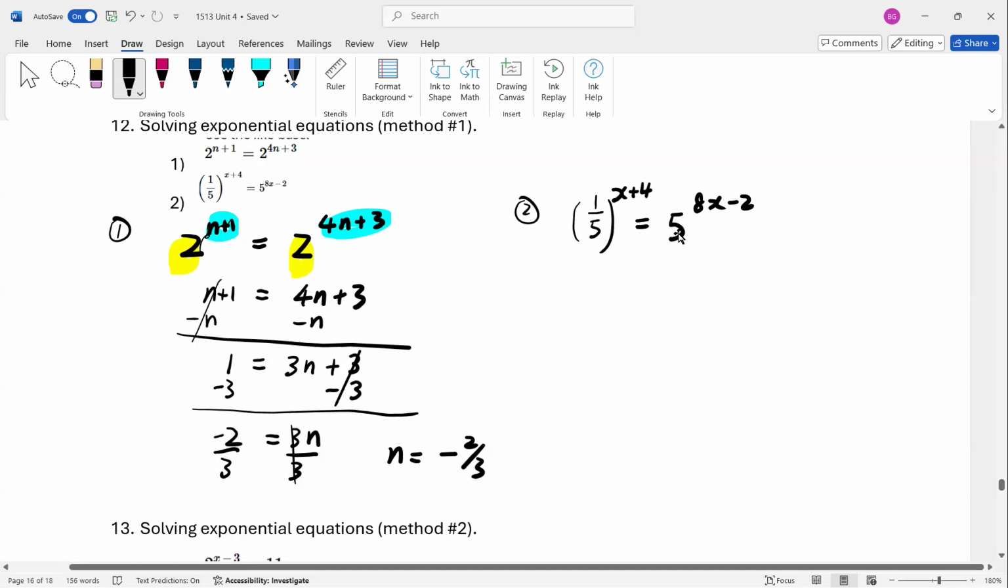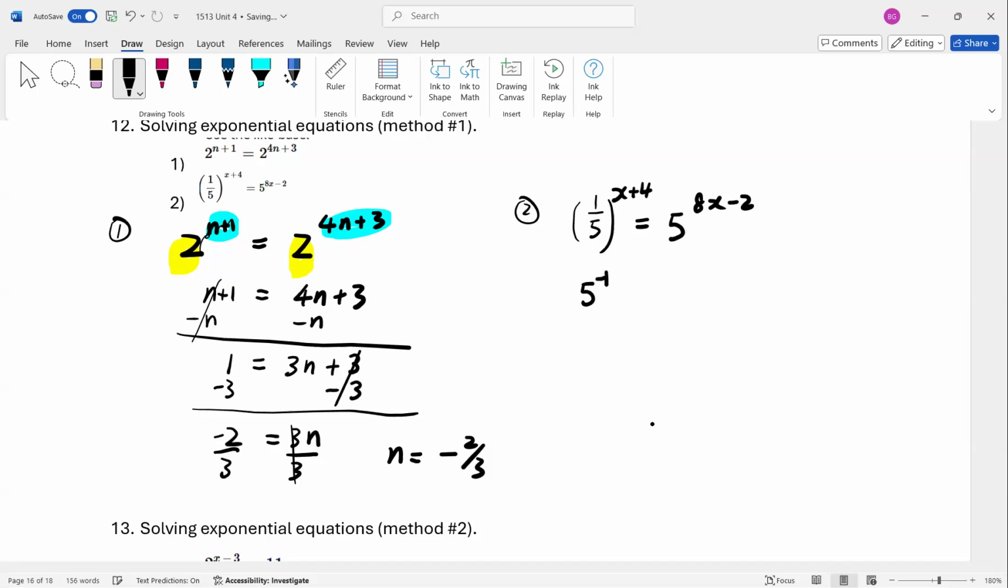How about let's do 5, because 5 feels better than a fraction. Could we write 1 over 5 as a power of 5? 1 over 5 is the reciprocal of 5. Could we write 1 over 5 as 5 to the power of -1?